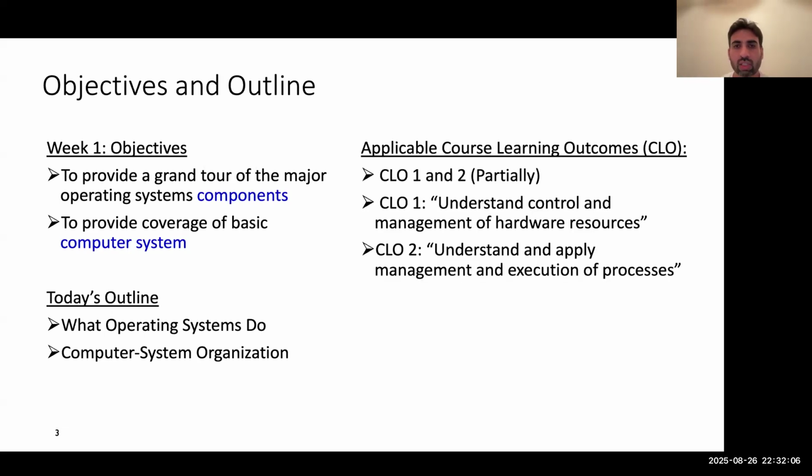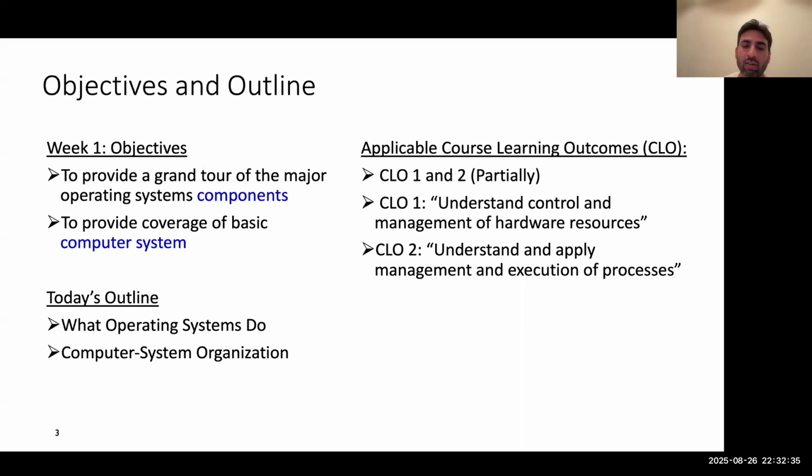Today's lecture is supposed to address the course learning outcomes 1 and 2. Definitely not completely, but only partially. Even when I say partially, it is just some gist of those learning objectives, which is to understand the control and management of hardware resources, and also understand and apply management and execution of processes.